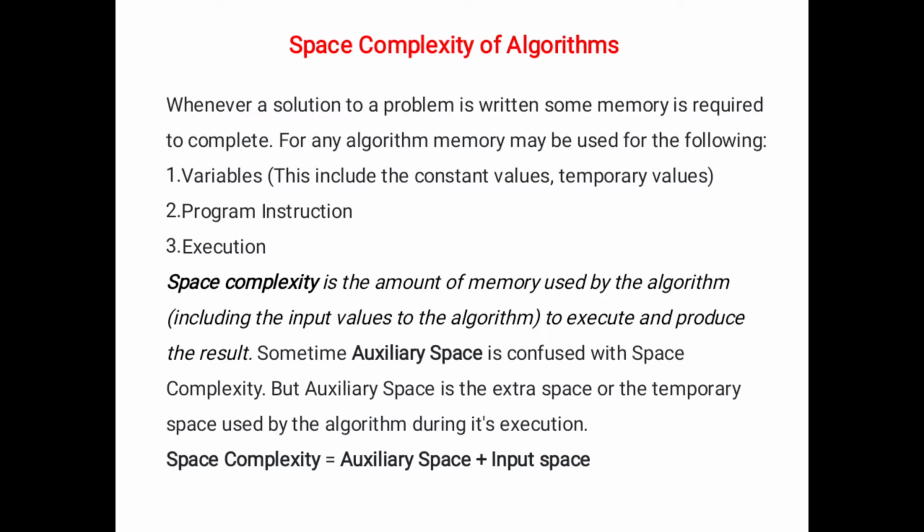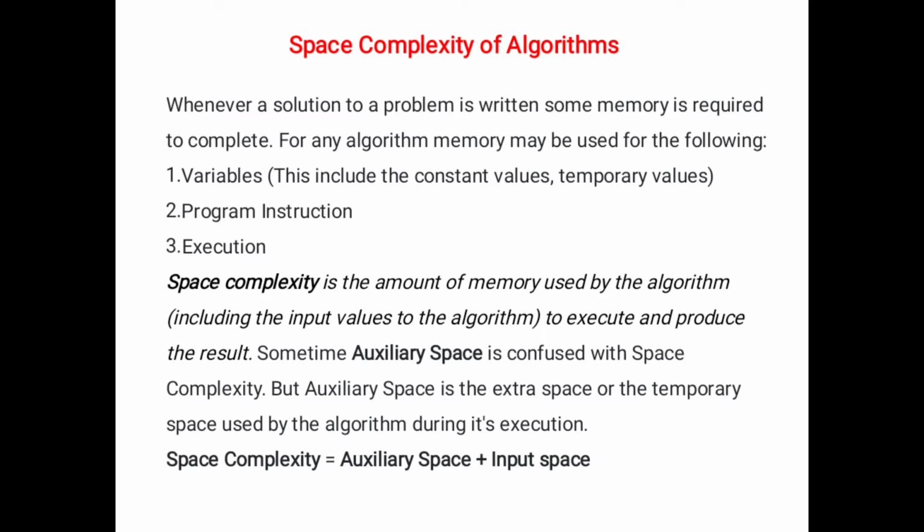That is program instruction. After execution, the whole program must be executed, so memory provides that space for execution purposes. So why do we use memory in programming? Variables, program instruction, and execution: these three terms use a particular memory space to do some actions.